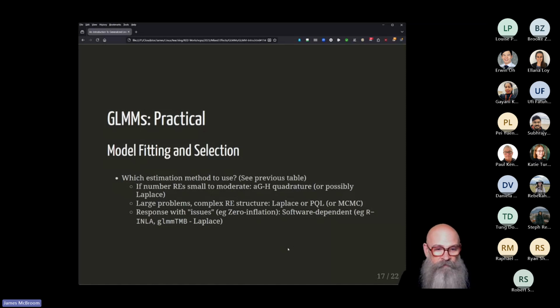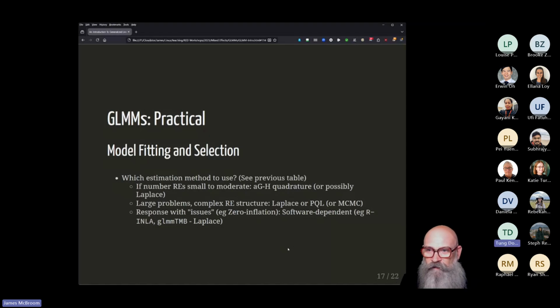That's software dependent. So for instance, R-INLA is very flexible, but has a bit of a steep learning curve. GLMM TMB, which uses Laplace, has functionality to do ZIP or zero inflated Poisson or zero inflated negative binomial models. It can also do hurdle models.